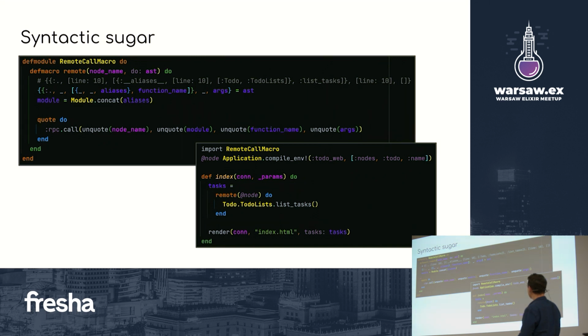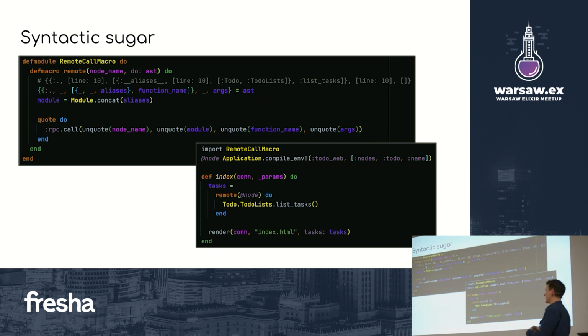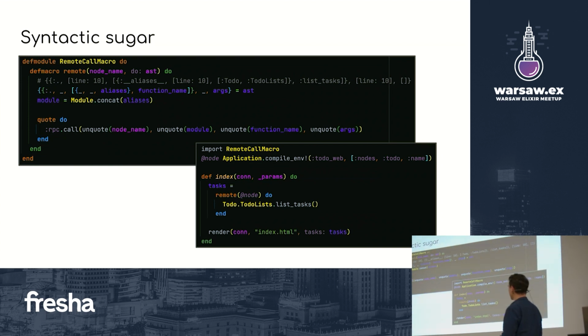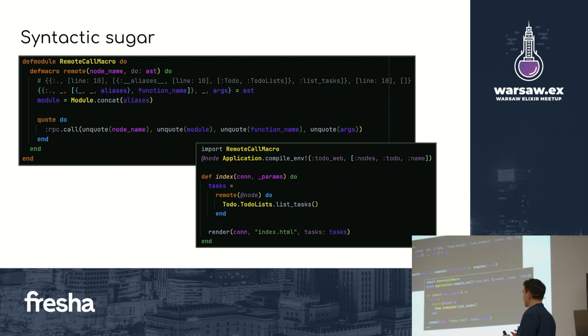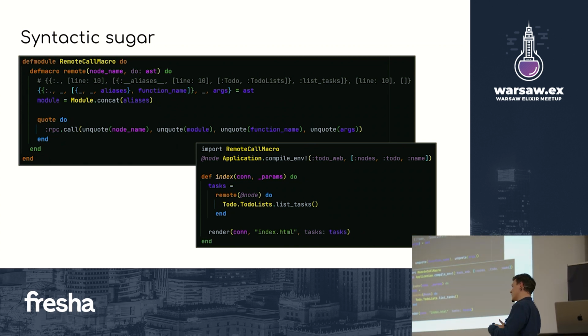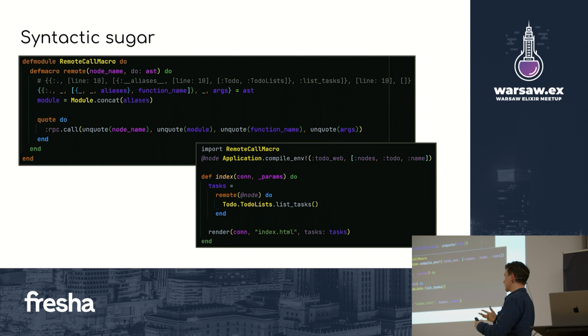and we put this stuff in RPC call, and you wrap it into quote do. What quote do does is it creates AST basically from this code here, because what a macro does is it operates on AST, and the result of it also needs to be AST.